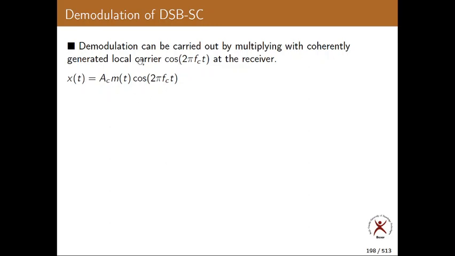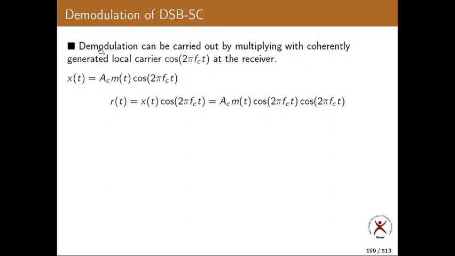Here x(t) is the modulated signal and r(t) is the received signal. What is happening here? We are multiplying x(t) with cos 2πfct. So in demodulation we again multiply the modulated signal with the carrier.